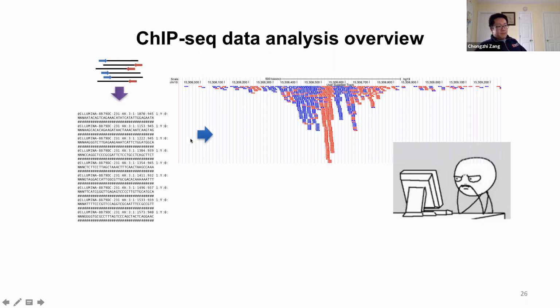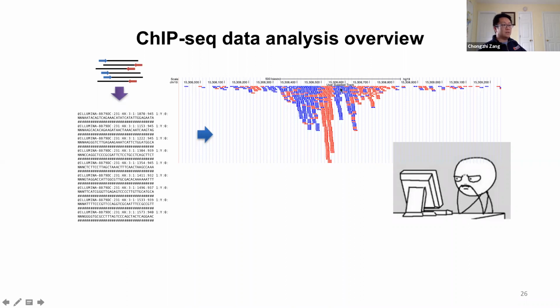I forgot to mention that in typical ChIP-seq experiments, the experiment is done from a large cell population, usually at least 100,000 cells, and in the early days of ChIP-seq we required millions of cells, because each cell nucleus has 2 copies of DNA.